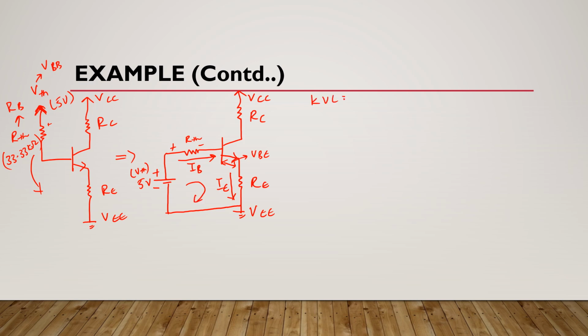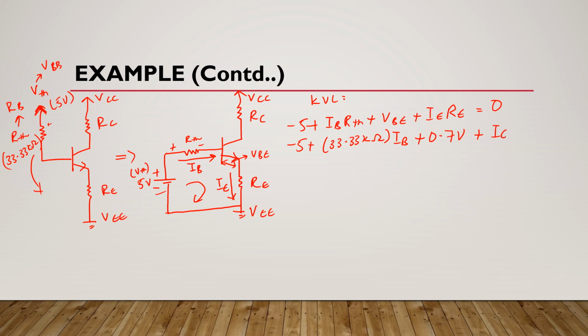We start from this point, it will be minus 5 plus IB RTH plus VBE plus IE RE is equal to 0. Okay. Now we know that this RTH is 33.33 kilo ohms and this VBE is 0.7 volts, and here we have RE, which is 3 kilo ohms, is equal to 0.